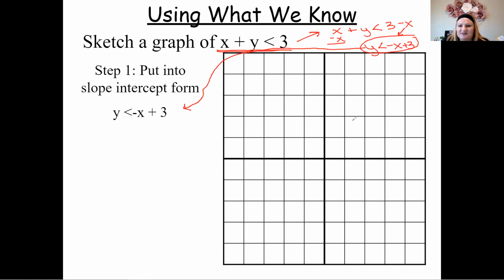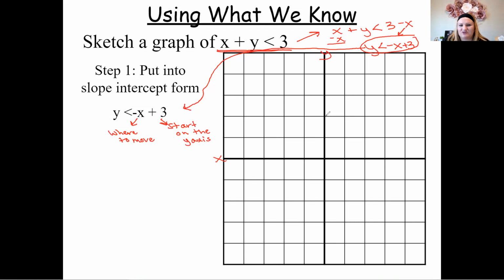So now our job is to graph this. Remember, this tells us where to start on the y-axis when we graph this. This tells us where to move. So this is saying start on 3. We count on the y-axis. Here's the x-axis.